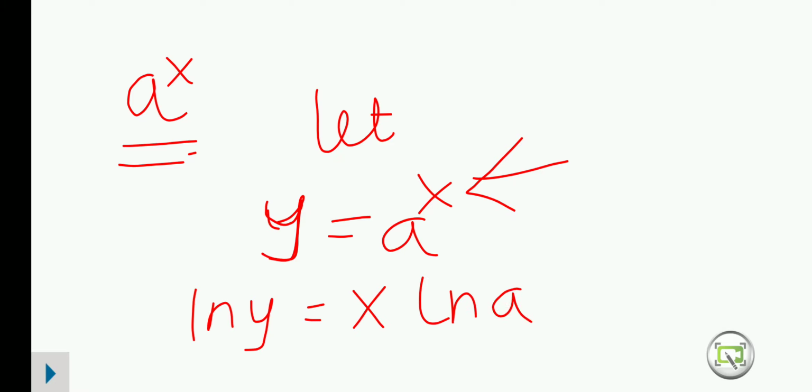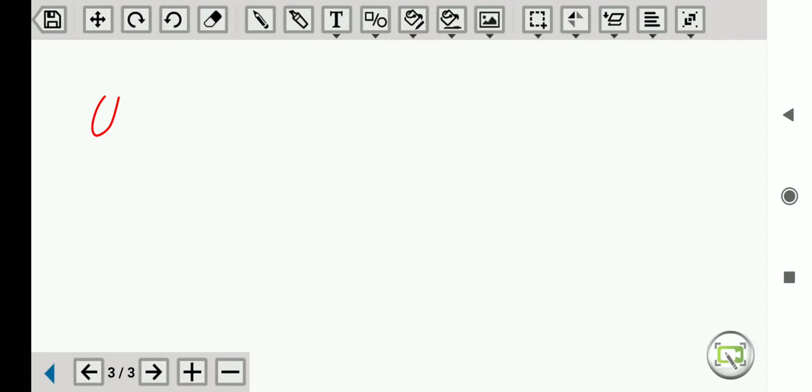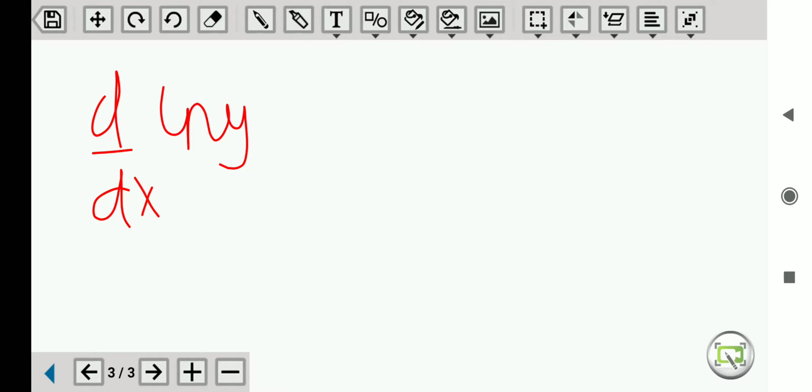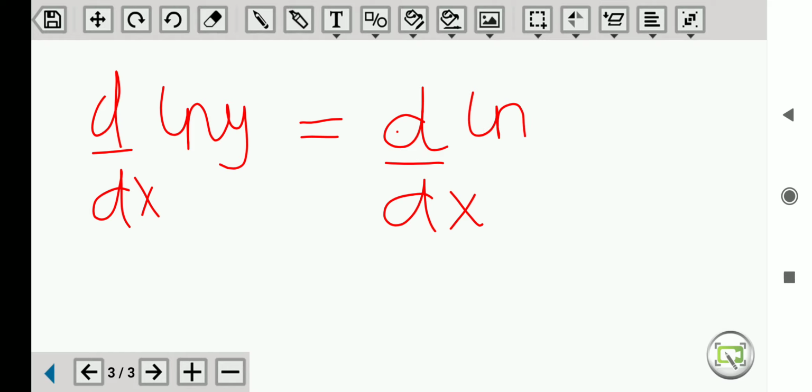Now what we have to do is differentiate on both the sides with respect to x. d by dx of ln y is equal to d by dx of x ln a.